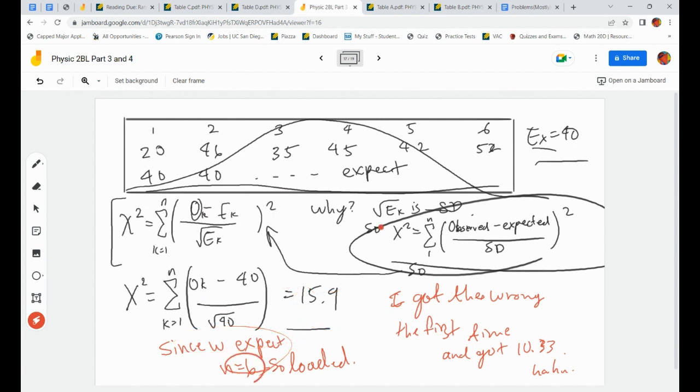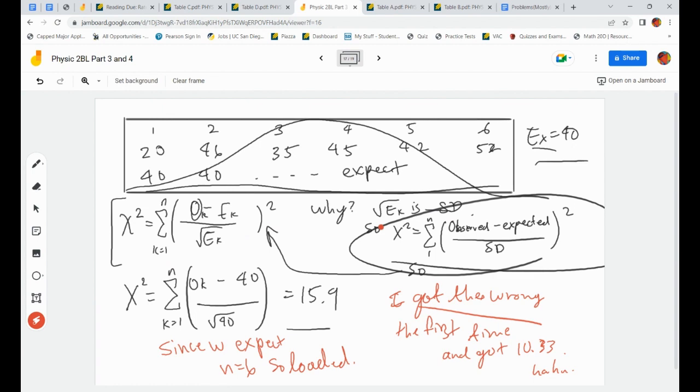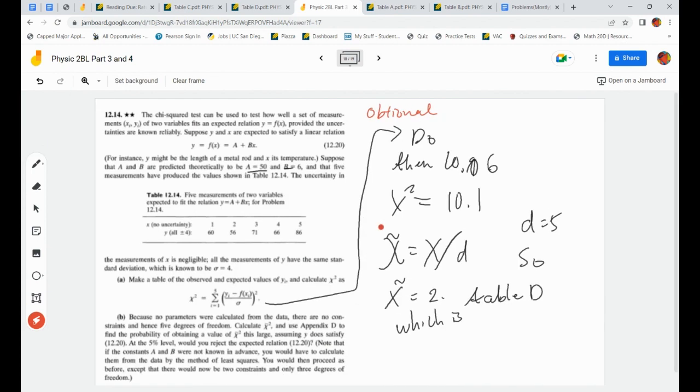Since we expect 6, because if this was a truly even curve, one thing about the chi test is that chi-square should equal n, because that is what you should expect. And then I got it wrong the first time, haha. I got 10.23. Next over here, optional because it's really not fun, you get 10.06, and then you get chi-square 10.1 basically.